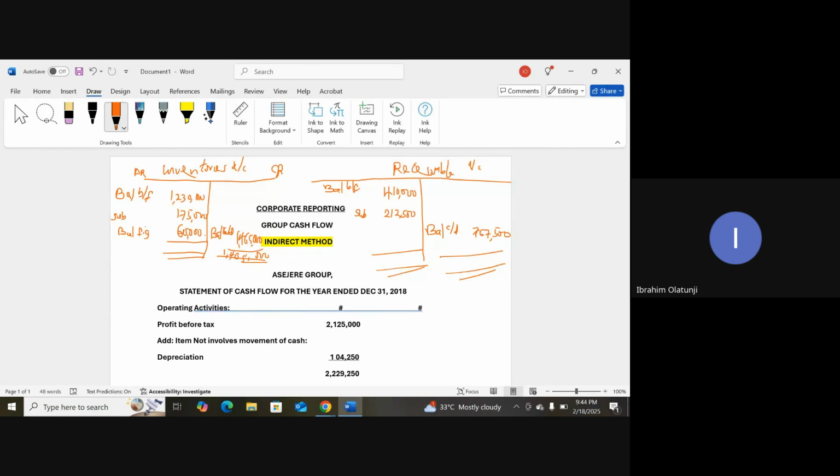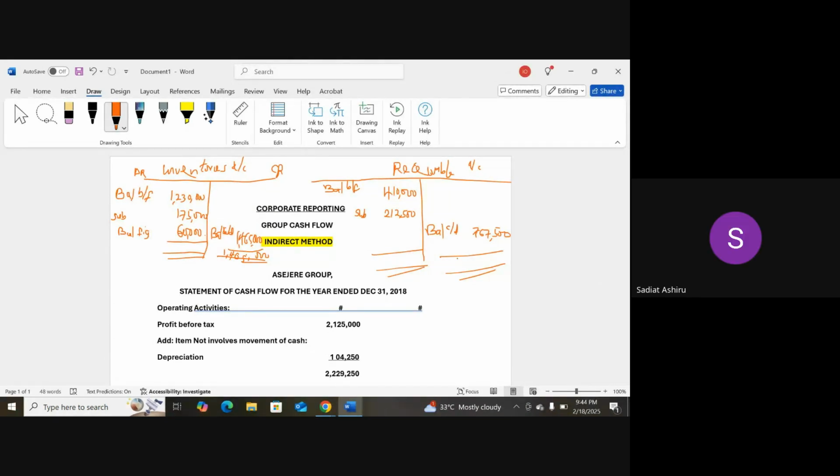Which one is higher? The balance carried down is higher. The credit side is higher.